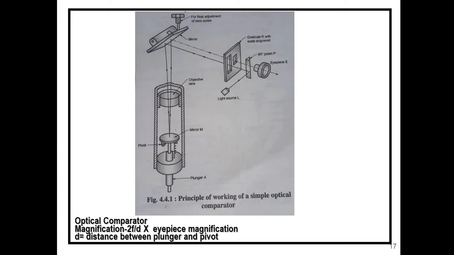The scale system can lead to a parallax error. In mechanical comparators, many parts are moving, so that may affect the accuracy of the instrument due to friction. These are some of the disadvantages of the mechanical comparators, and also the magnification is the least as compared to other comparators.